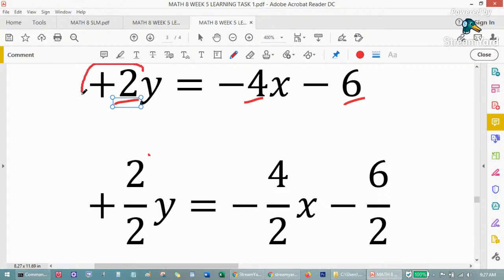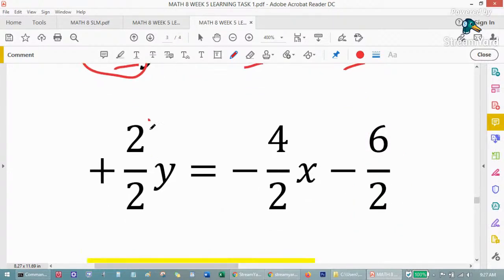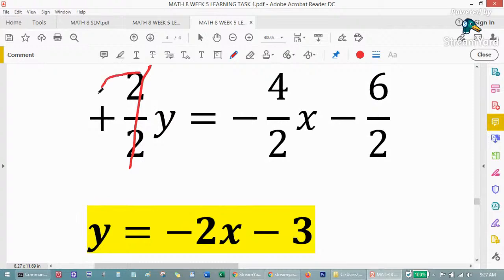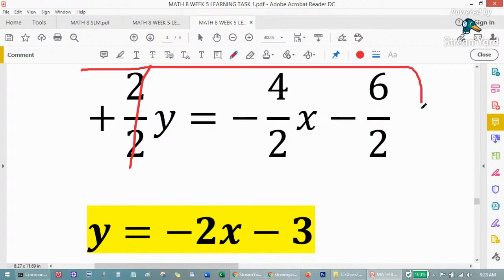So, itong 2 ay magiging 2 over 2. Itong 4 ay magiging 4 over 2. At itong 6 ay magiging 6 over 2. And then 2 divided by 2 is y. No? Positive 2 divided by positive 2 is y. Then negative. Huwag niyong kakalimutan tong equals, no? Lagi lang natin susundan yung mga equation kung anong ginagawa.